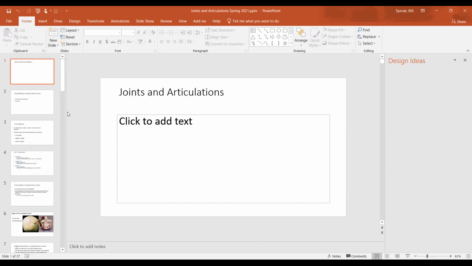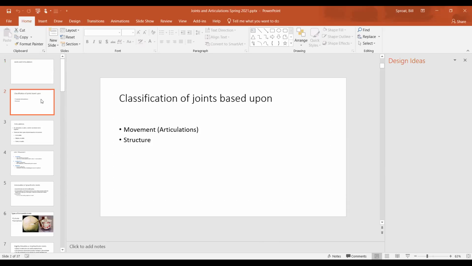Well, I can do it without the PowerPoints working correctly. Everybody should see the screen that says classification of joints based upon movement and structure. Everybody see that screen? Okay, good. That's great. Thank you.